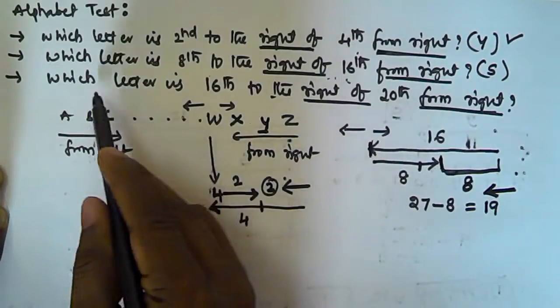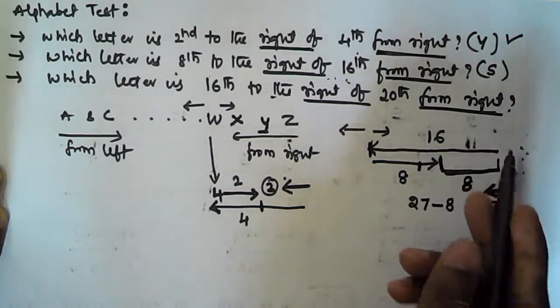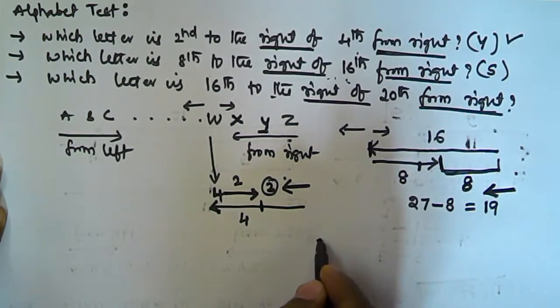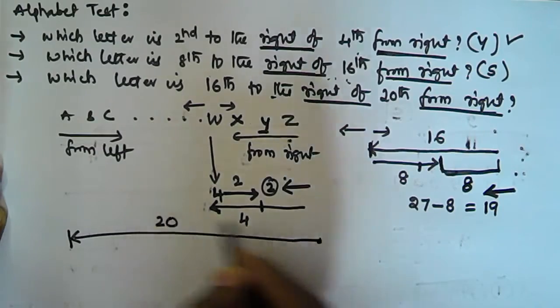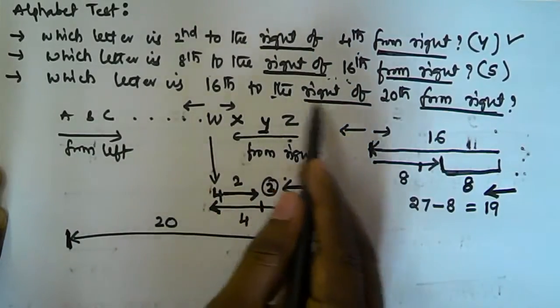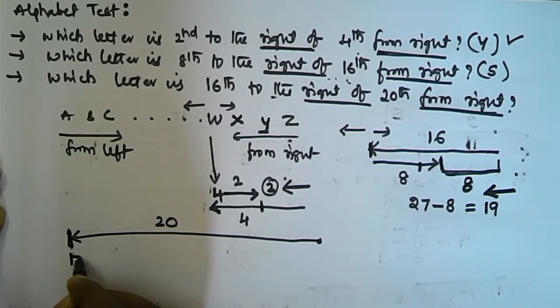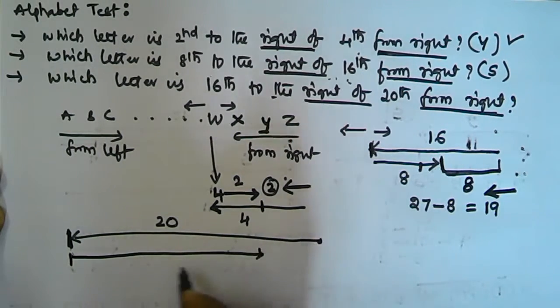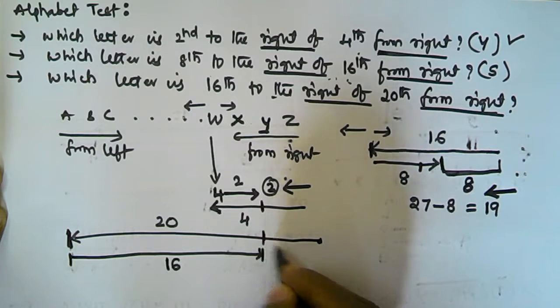In the same manner, which letter is 16th to the right of the 20th from the right? First we have to find the 20th from the right. Let us assume this is Z. From right we move 20, because the 20th from the right is found here. Then the 16th to the right of the 20th is in this direction, 16 positions. When you subtract 20 minus 16, we are left with 4.